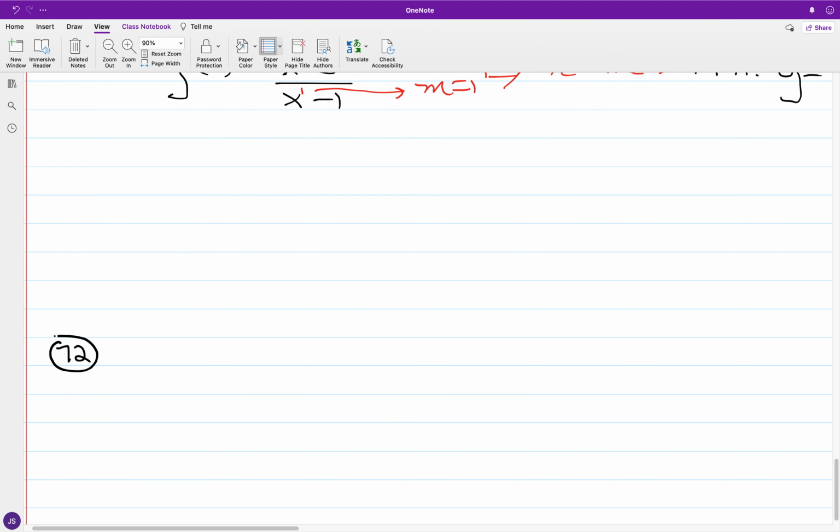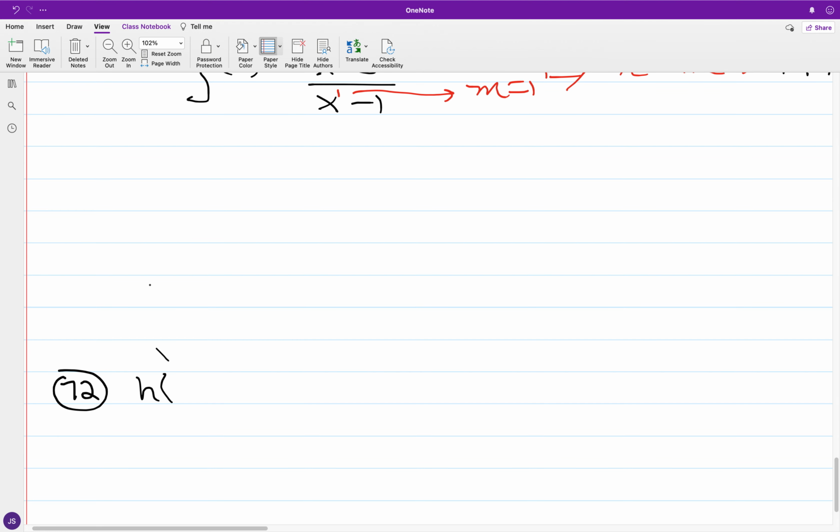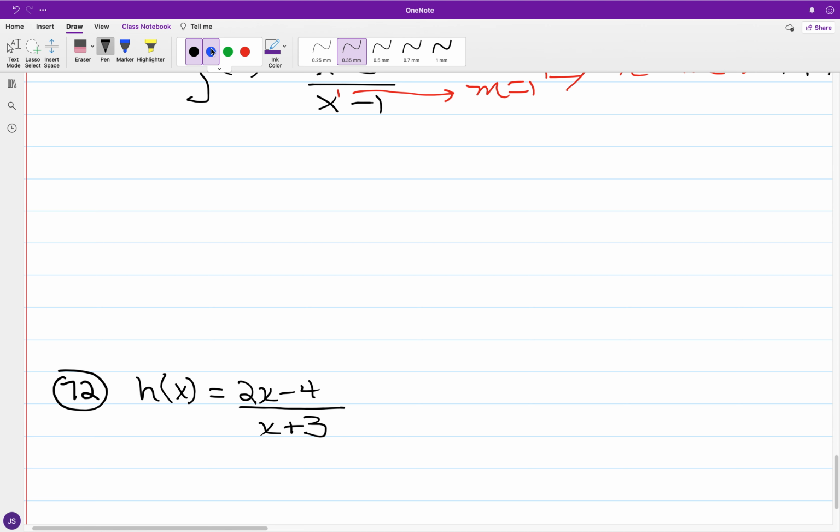for this rational function, this time we have h of x is equal to (2x minus 4) all over (x plus 3). And you're looking for the domain. Again, we have a fraction, and this ratio is already in simplest form.